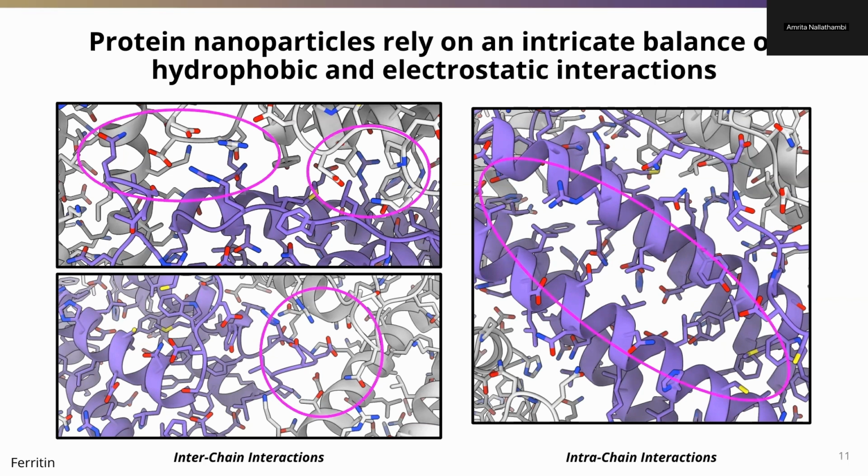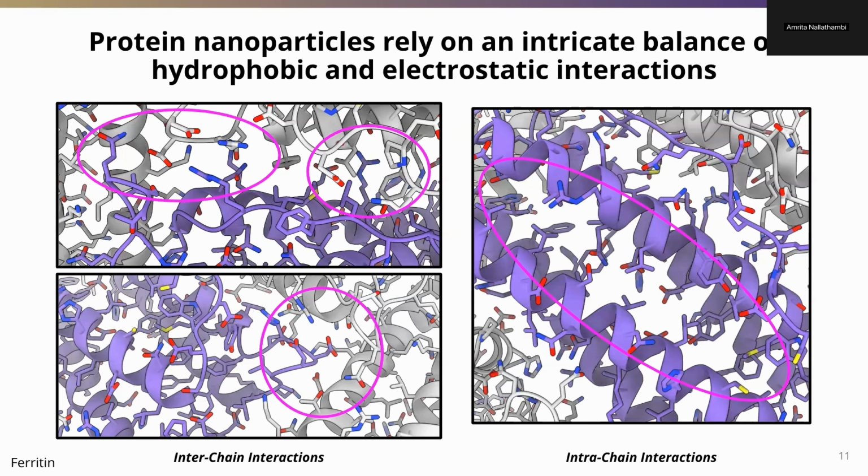If you look at the interchain interactions, they tend to be relatively polar subunits. Here and here, it's almost all polar. Here you have maybe one hydrophobic group, two-ish. But between chains, it's generally very polar. And that's something that we've noticed in things like ferritin. And if you look within the chain, within the dimer subunit, it's way more hydrophobic.